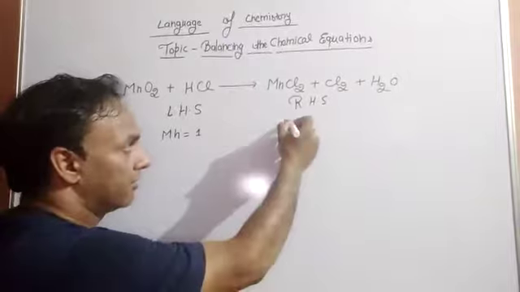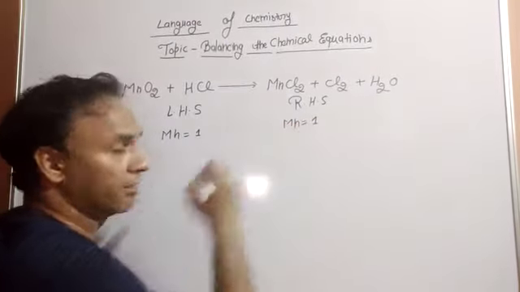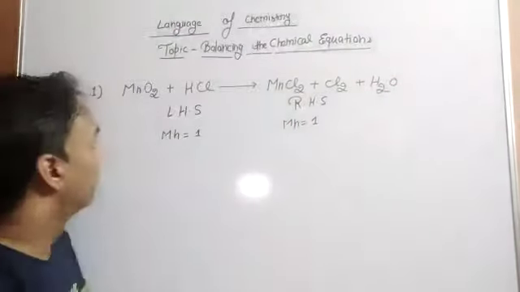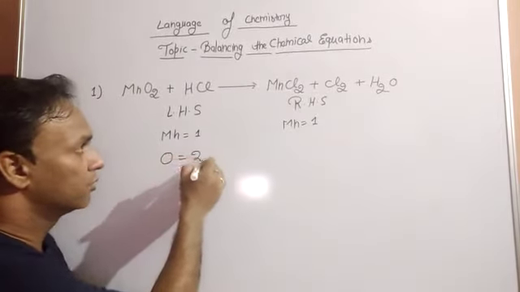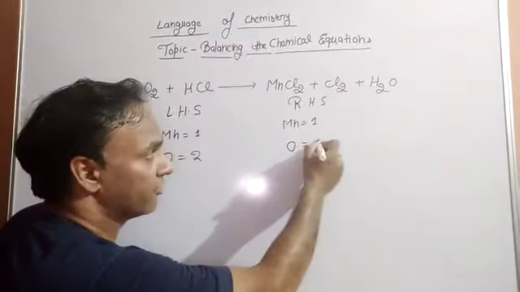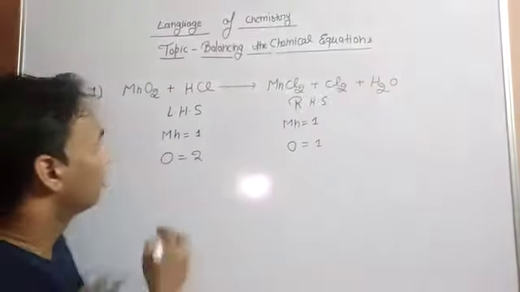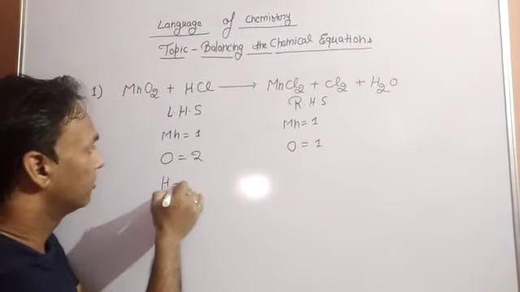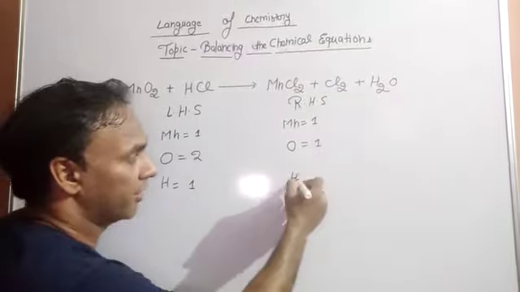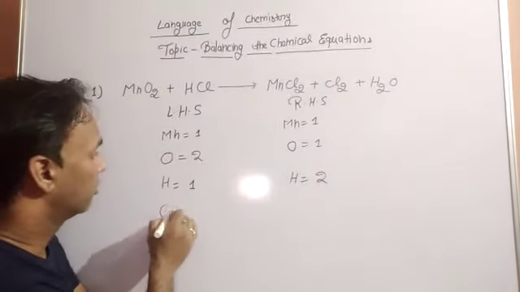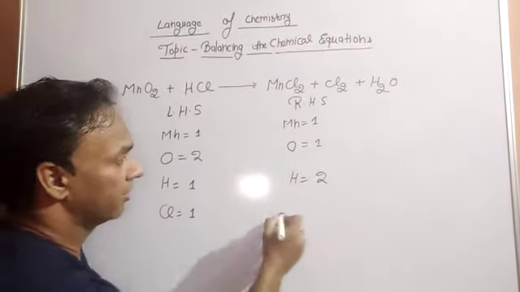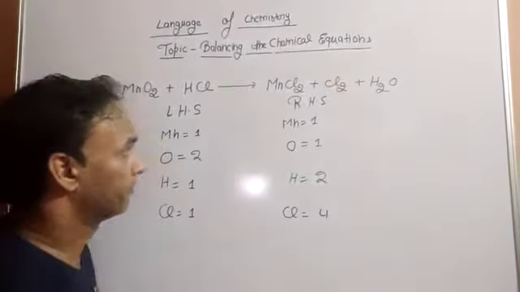On this side, Mn 1, manganese 1, and here oxygen 2, here oxygen 1. Now hydrogen 1, here hydrogen 2, and chlorine 1, here chlorine 4.